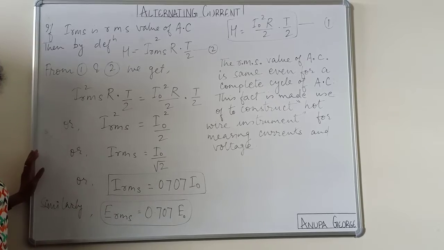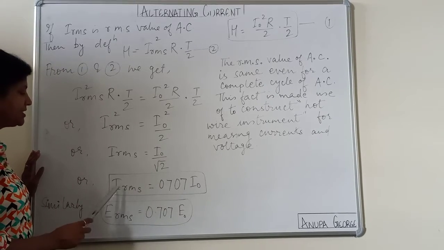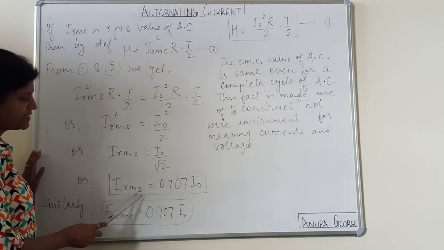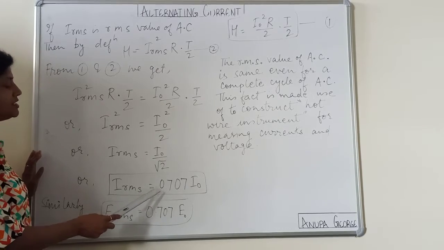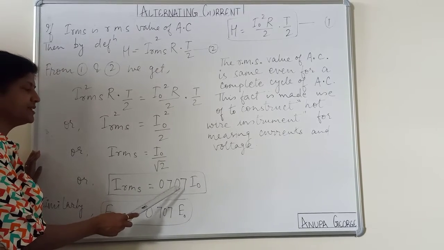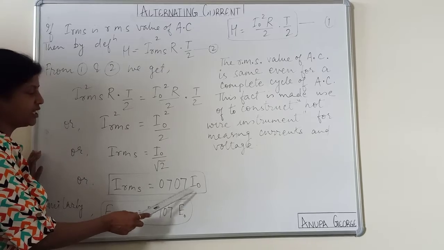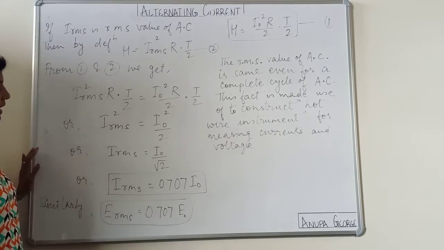Substituting the value of root 2, we get I RMS is equal to 0.707 times I naught.